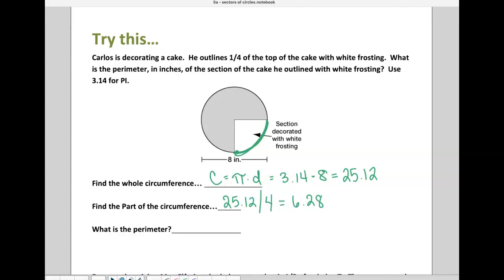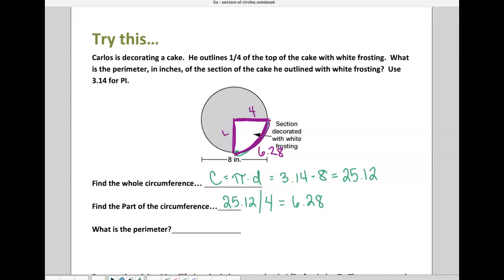Okay? Remember, that's not the perimeter though. What we just found is this right here. This part is 6.28. He also put frosting here and here. What's the measurement here? 4.